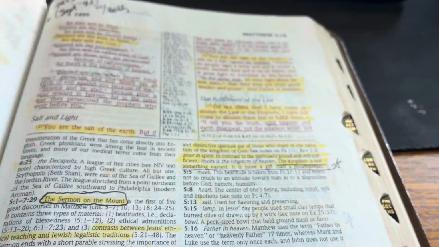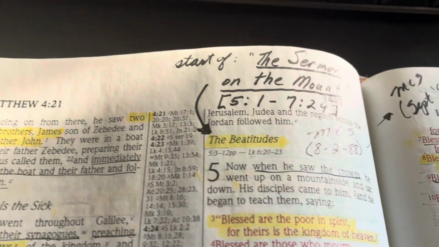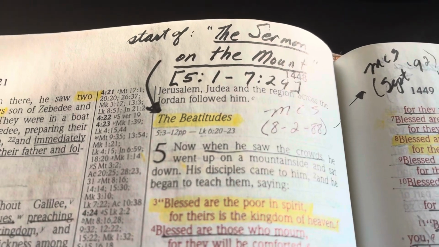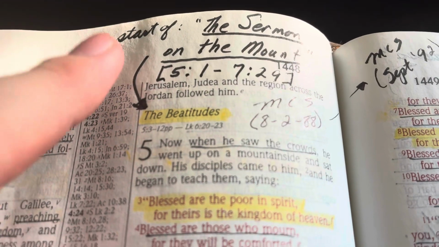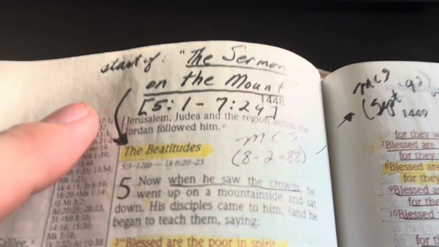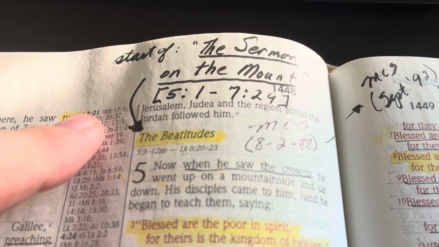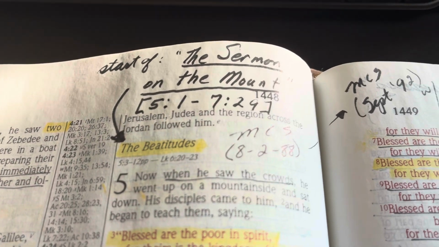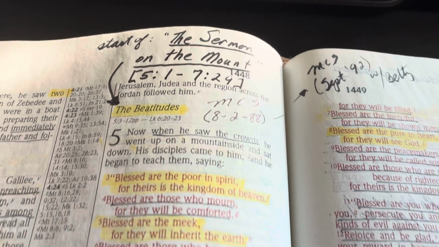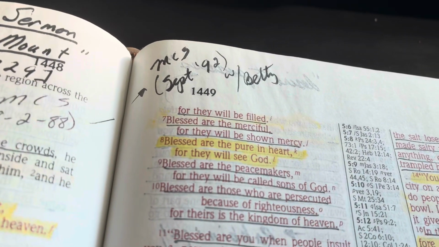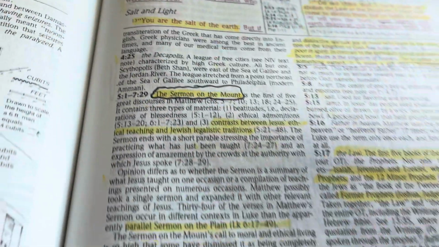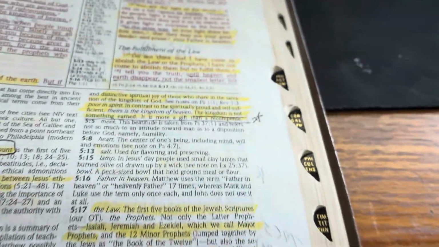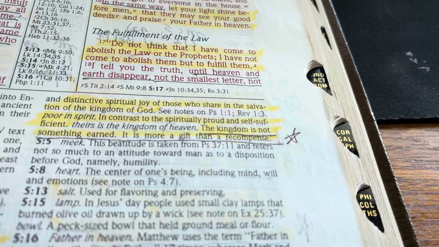There's a note that he made on the other side again. Yeah, he made a note about where the Sermon on the Mount starts. So Matthew 5:1 through Matthew 7:29 is where the Sermon on the Mount begins. Made an asterisk right there.